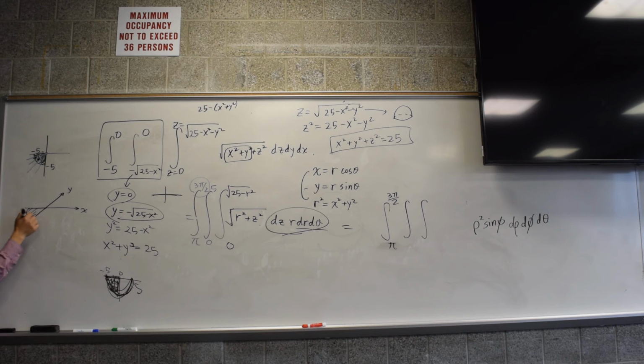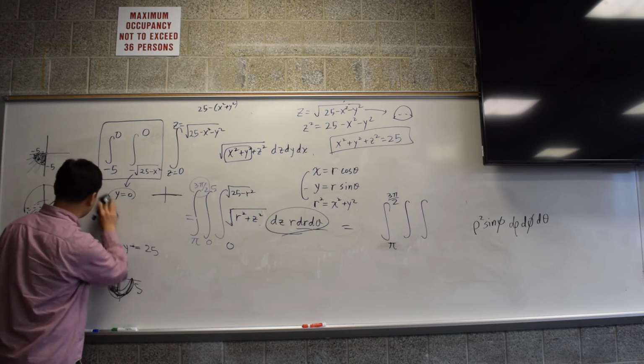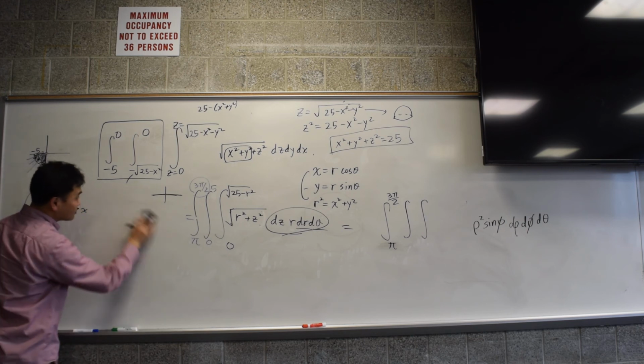This thing will correspond to this region. And over this region you have this half sphere, but it's only the half sphere that's sliced this way. Let me try this again.